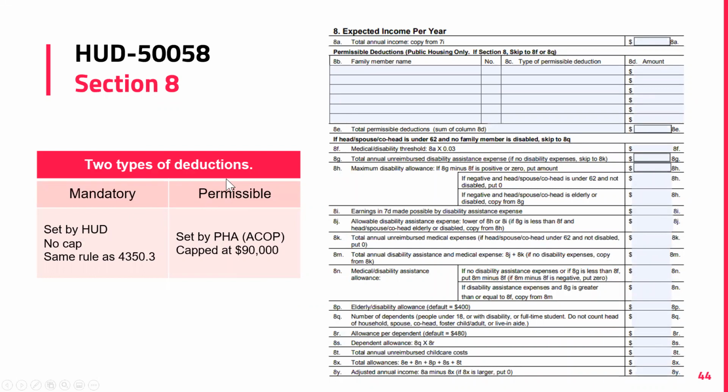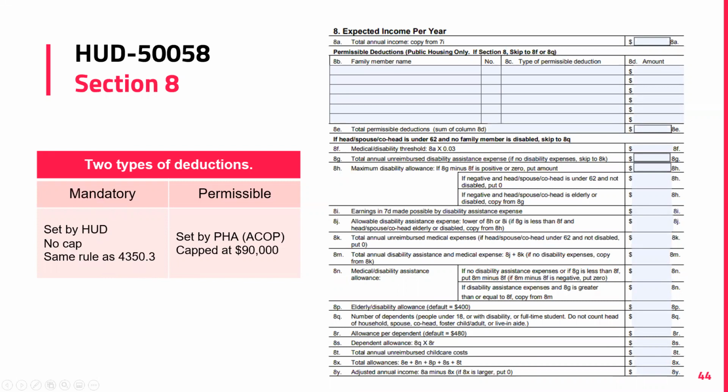All right, section 8. We're talking about deductions or allowances. There are two different types of deductions. We have mandatory and we have permissible. The mandatory deductions or mandatory allowances are set by HUD and there is no cap. Use the same rule as the 4350 for those things.